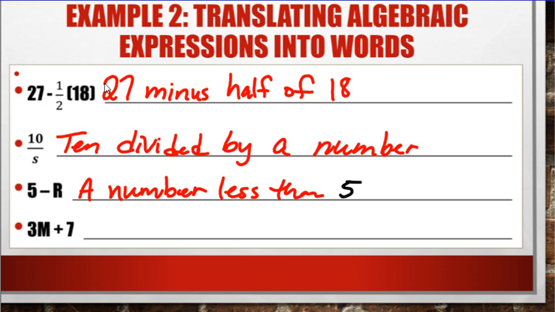That also works. And then we could also do 3 times a number plus 7. So those are just a couple of ways of writing those from the algebraic expression into words.